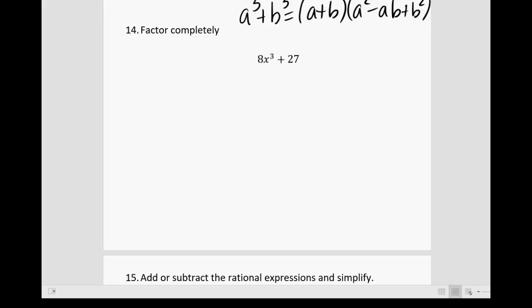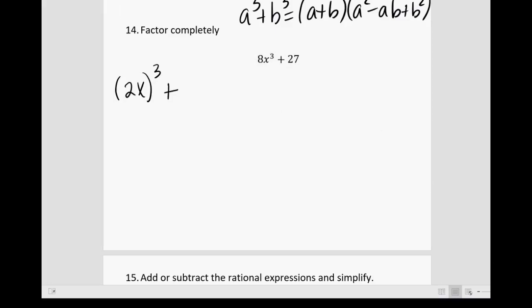So the way you do this is you identify what your A and your B are. 8x cubed is the same thing as 2x cubed, because 2 cubed equals 8 and x cubed is x cubed. So 2x cubed is the same thing as 8x cubed, plus 27.